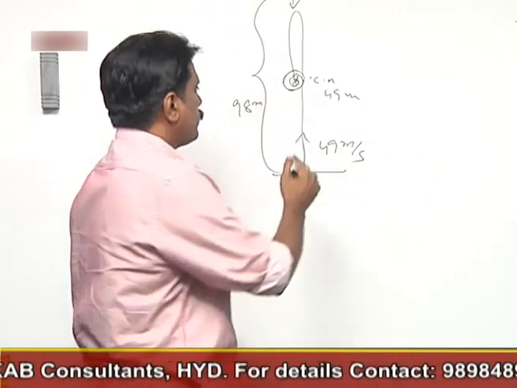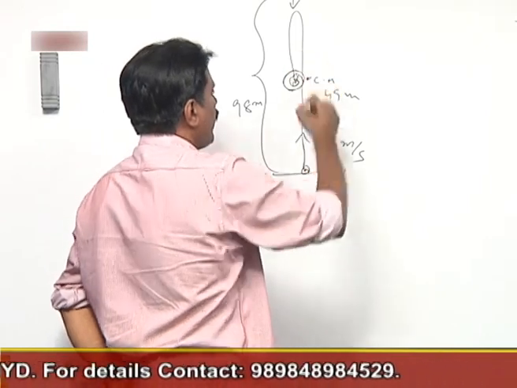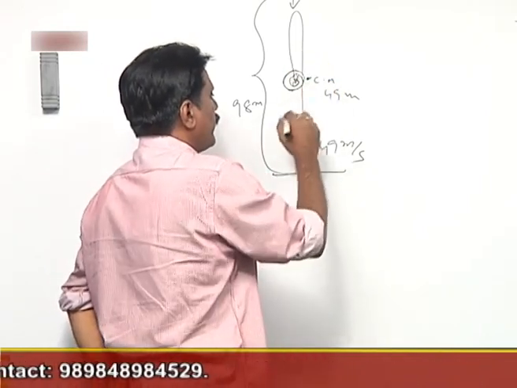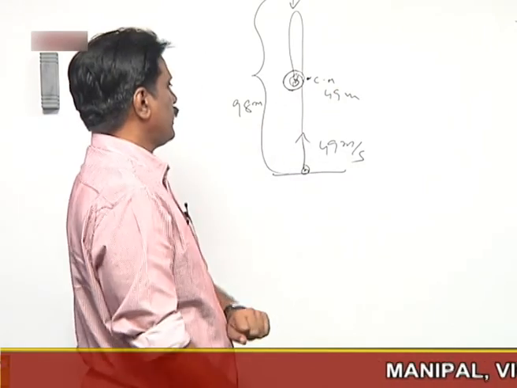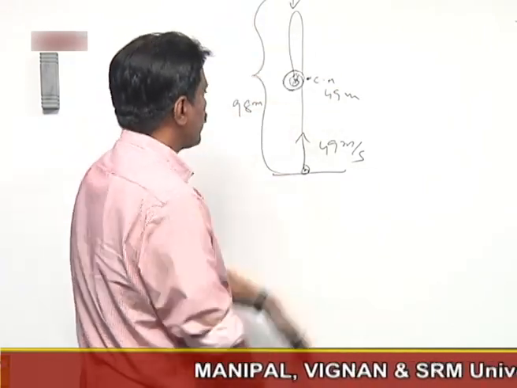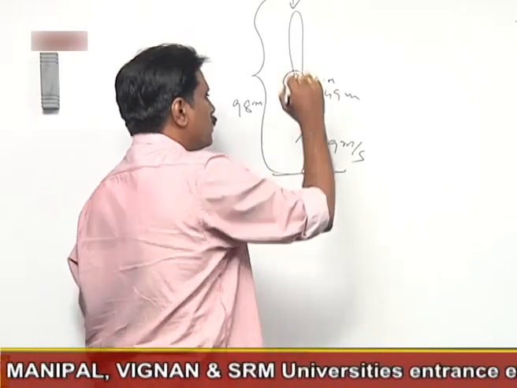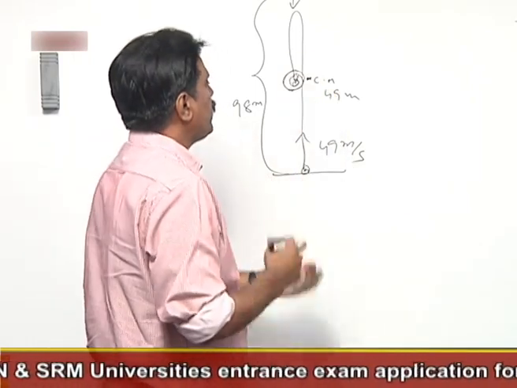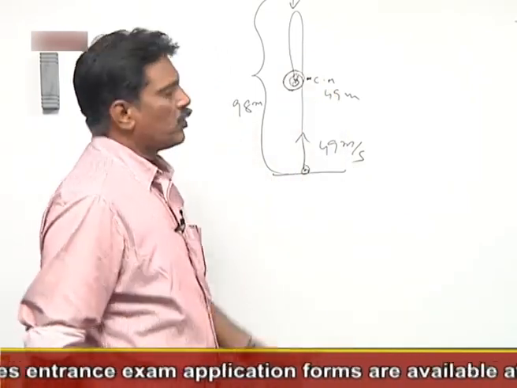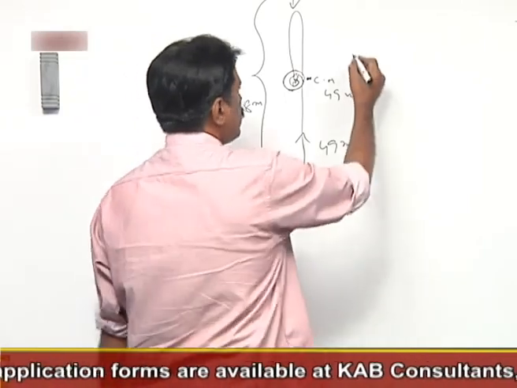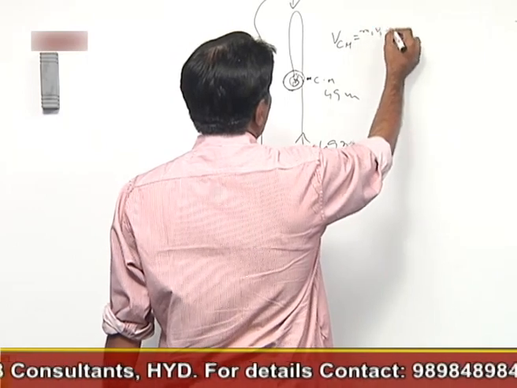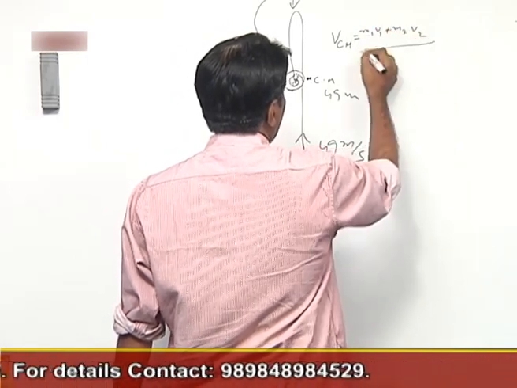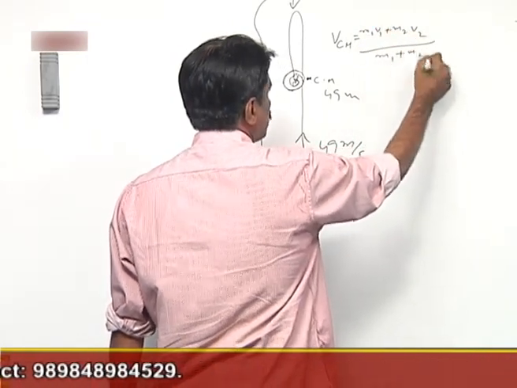Center of mass of the two pieces will be at a distance 49 meters. Now from here you can assume that the motion of the center of mass started from here only. The moment the motion of the particle started, center of mass motion also started. What is the initial velocity of center of mass? To find the initial velocity of center of mass, apply this formula. Velocity of center of mass is equal to (m1 v1 plus m2 v2) by (m1 plus m2).